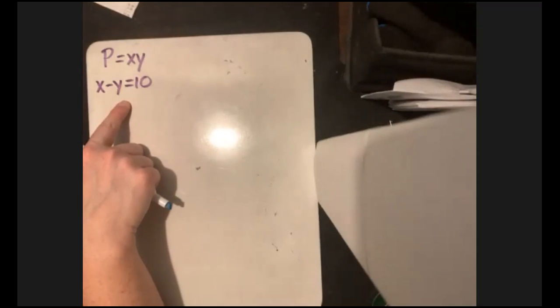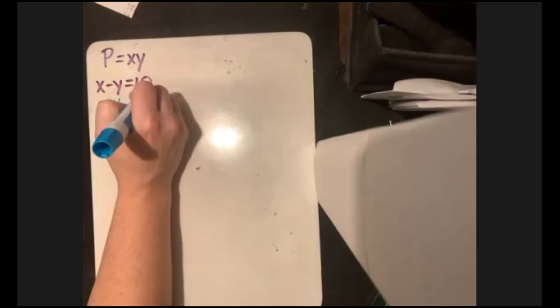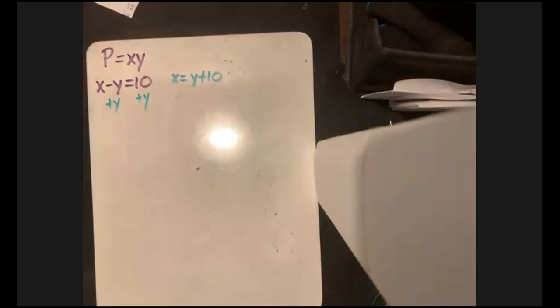Now, I've got too many equations running around right now. So what we're going to do is solve one of these equations for one of the letters. I'm going to add this Y over to the other side. So now I have X equals Y plus 10.